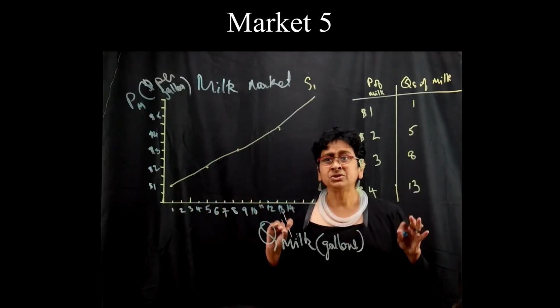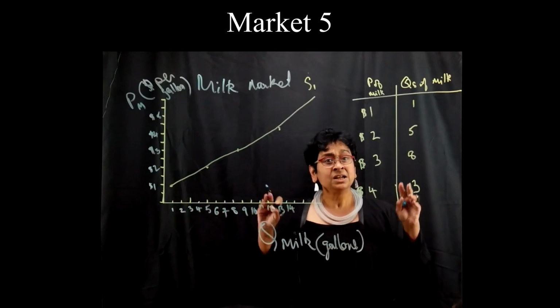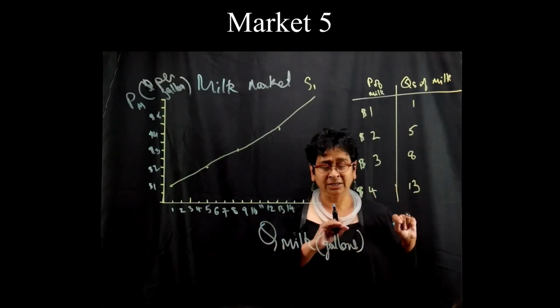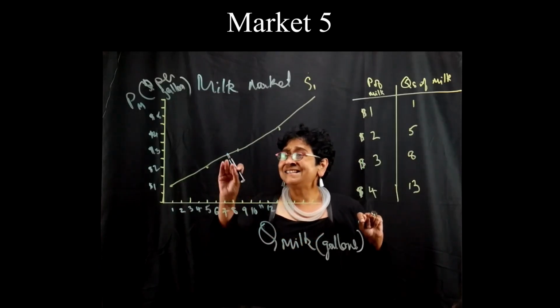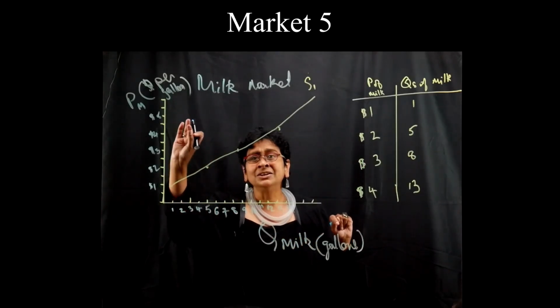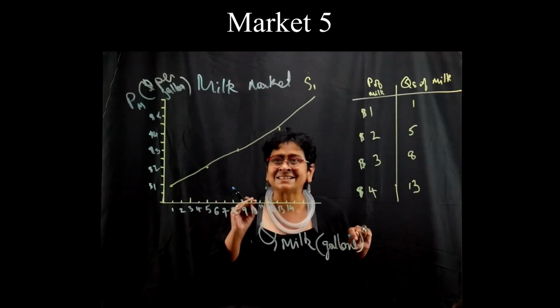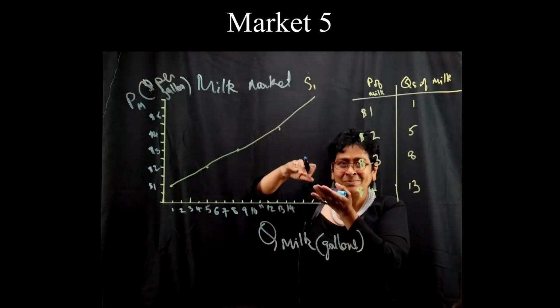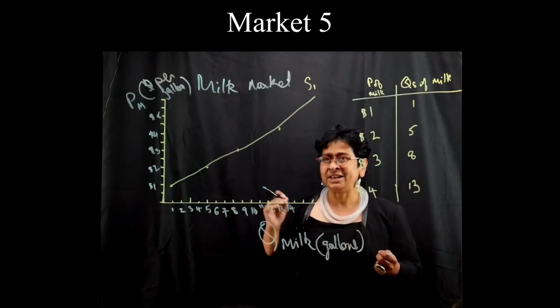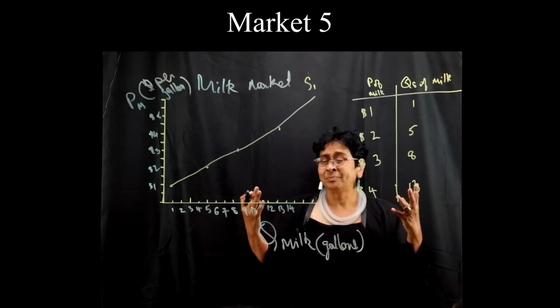So something happens to make it more expensive to produce milk. Your costs of production go up. What this means is that at each price, you will end up supplying less than you did before, because if your costs go up and the price is the same, you're getting less profits. You're not going to want to sell as much or supply as much.